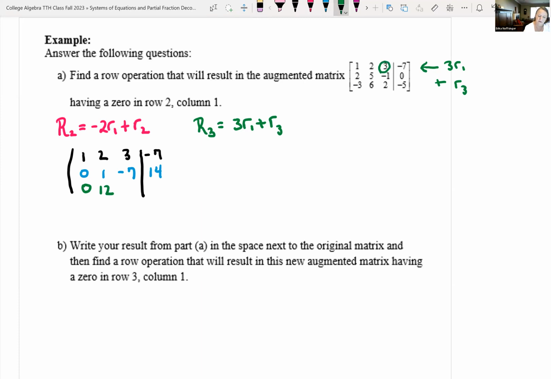Next column, we have 3 times 3 is 9, and 9 plus this 2 is 11. Going to the next column, 3 times this negative 7, that's negative 21, and negative 21 plus this negative 5 is negative 26. So we have our new augmented matrix, and we've manipulated it and got zeros in the entries below that leading one.